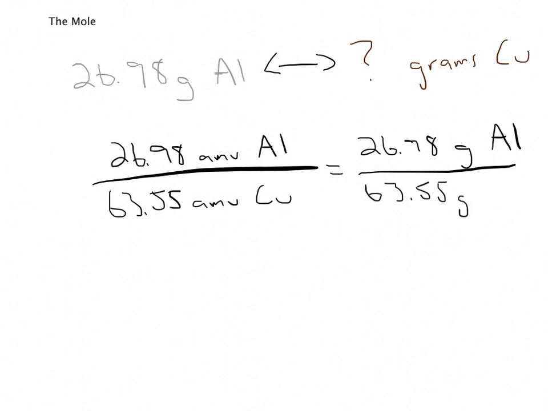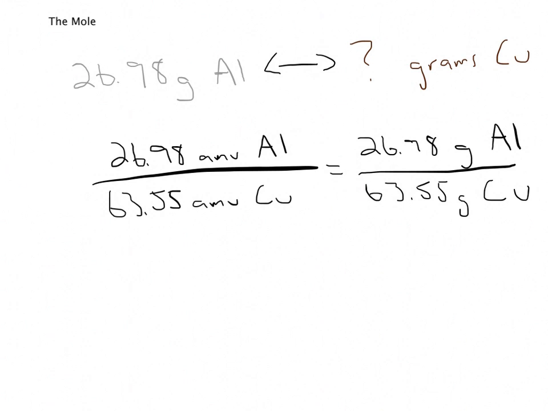But what we see here is that 26.98 grams of aluminum has the exact same number of atoms as 63.55 grams of copper.